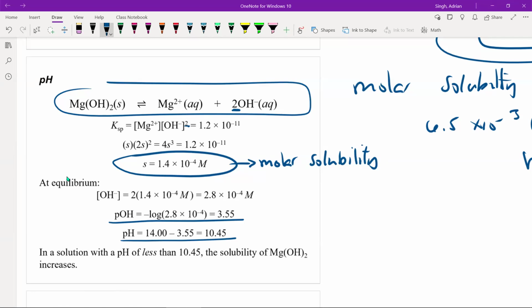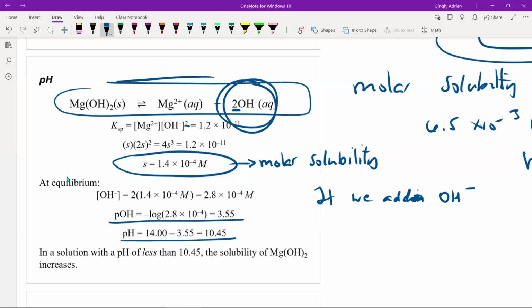Based on equilibrium principles, if we add OH to the system at equilibrium, we add something to the right side, and that will force the equilibrium to the left.